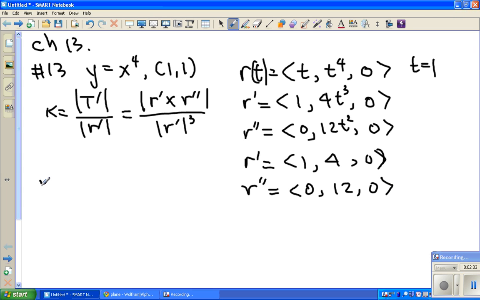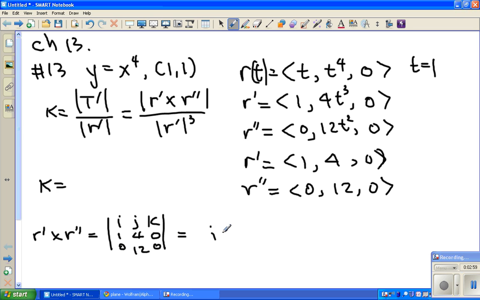In order for us to calculate the curvature, r prime cross product with r double prime simply becomes the determinant of this matrix: 1, 4, 0, 0, 12, 0.